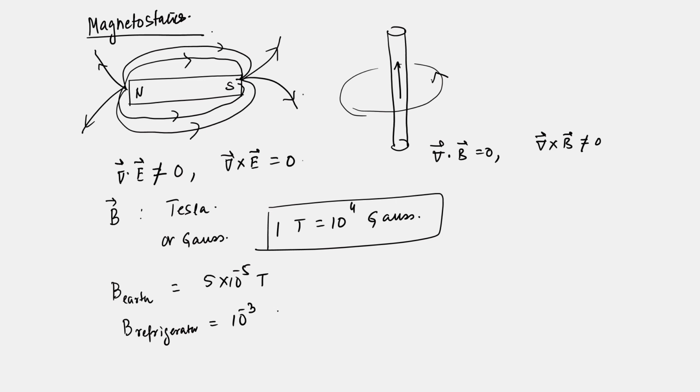So, Tesla is a unit where things look small, but if you express it in Gauss, they will not look small, but that is the conversion between them.